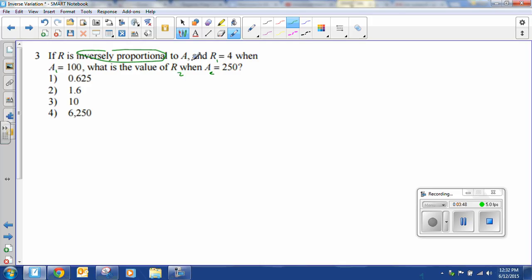And basically we have A times R equals A times R. So it's 4 times 100 equals R times 250. So we have 400 equals 250R. Divide both sides by 250.